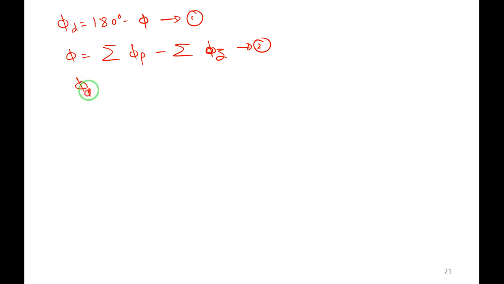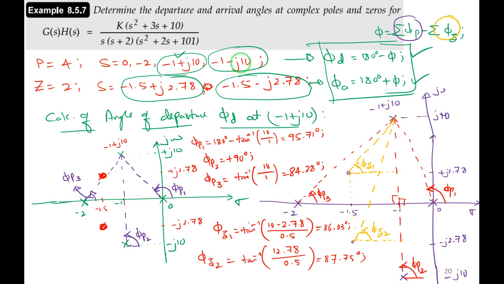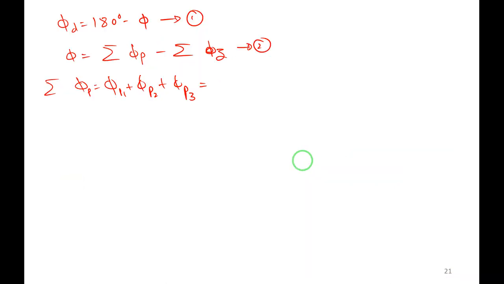Summation of phi p is equal to phi p1 plus phi p2 plus phi p3. Add all these from the previous slides: phi p1 is 95.71, plus phi p2 is 90 degrees, plus phi p3 is 84.28. So I got it as 269.99 degrees.